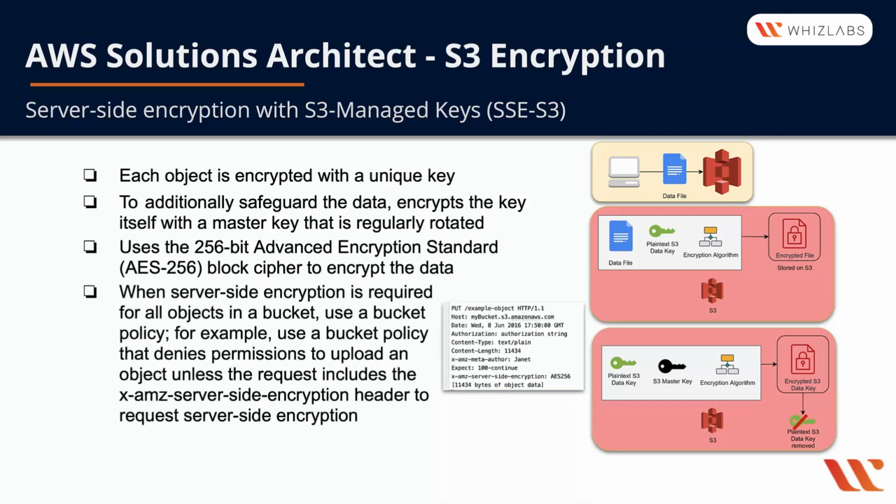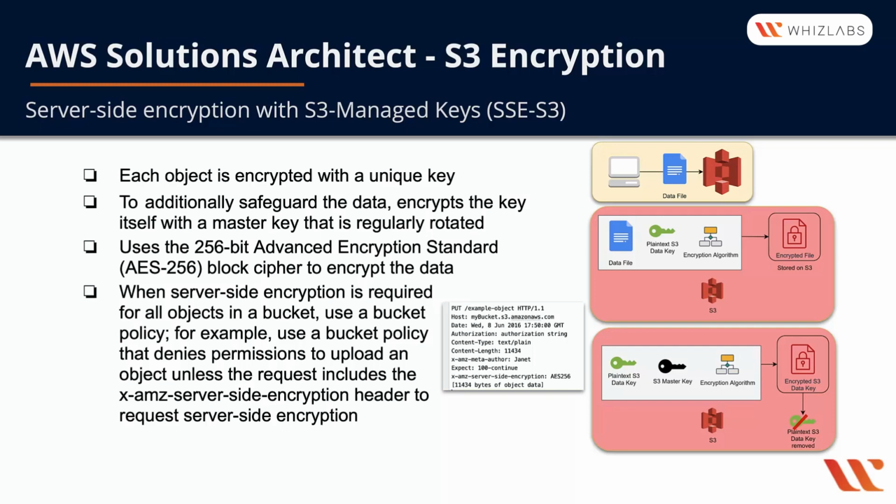One of the things you'll need to know for the exam, there are questions on this: when server-side encryption is required for all objects in a bucket, you'll use a bucket policy. For example, you'll use a bucket policy that denies permissions to upload an object unless the request includes the x-amz-server-side-encryption header to request server-side encryption.